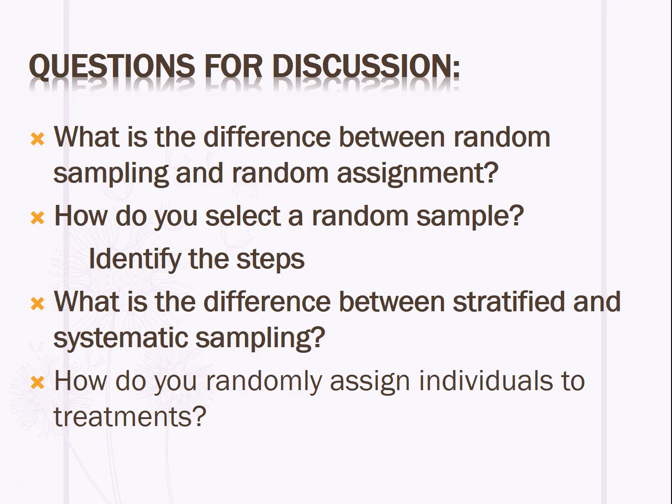2. How do you select a random sample? Identify the steps. Please check the procedures on page 106 in the text. 3. What is the difference between stratified and systematic sampling?